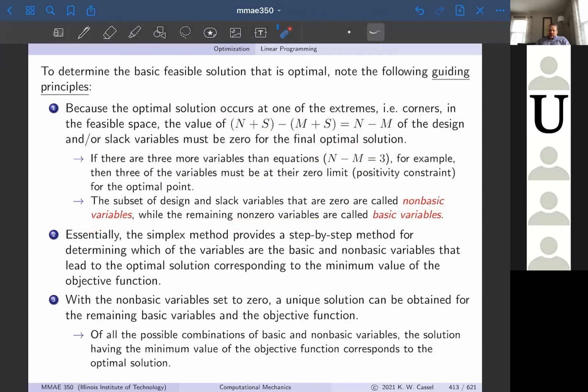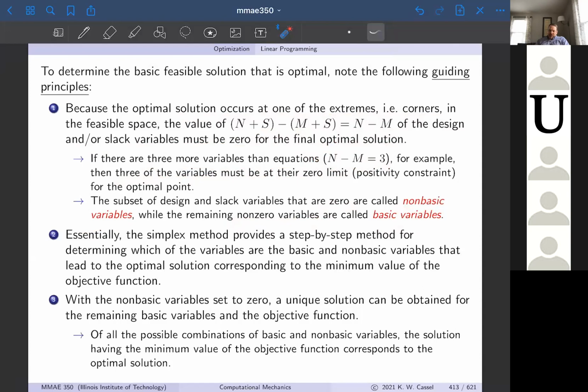In any case, the 0 variables are in the non-basic group, and the non-zero variables are in the basic group. So we just have to figure out, as we go around our basic feasible points at each of these vertices of our polygon, which of the x and s variables are in the non-basic and which are in the basic variable subsets. That's essentially what we're trying to figure out.